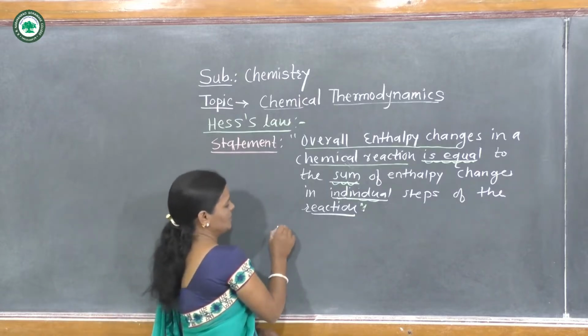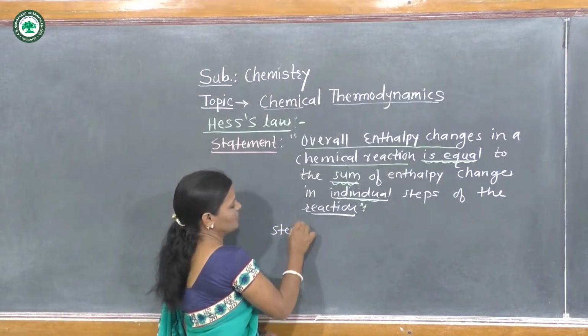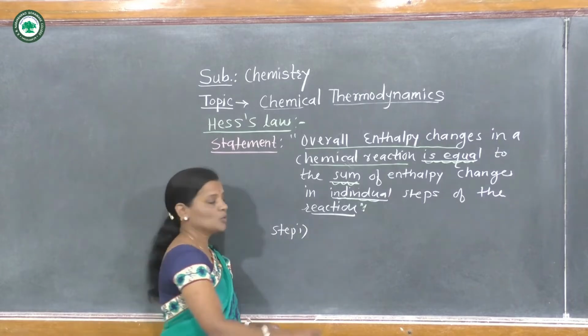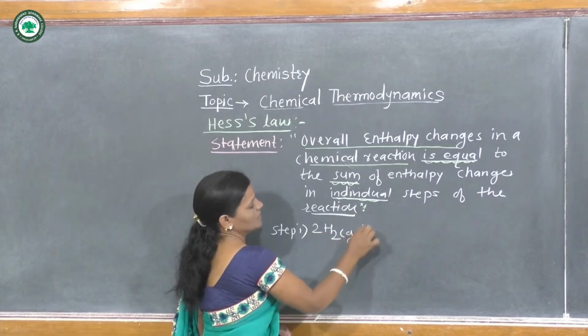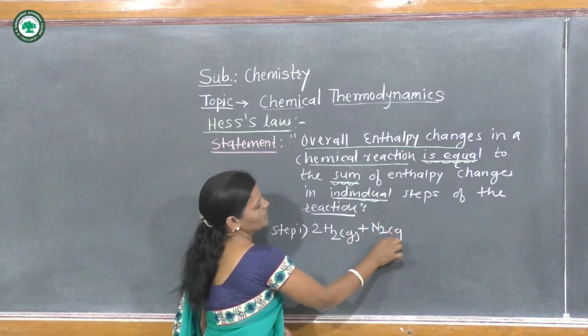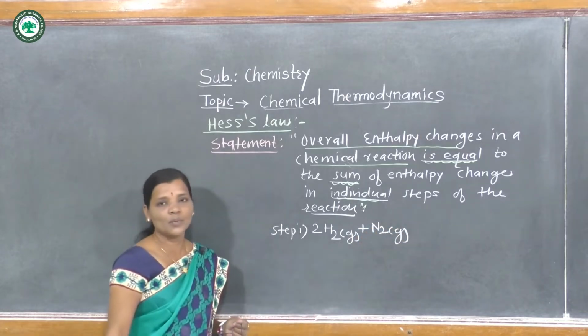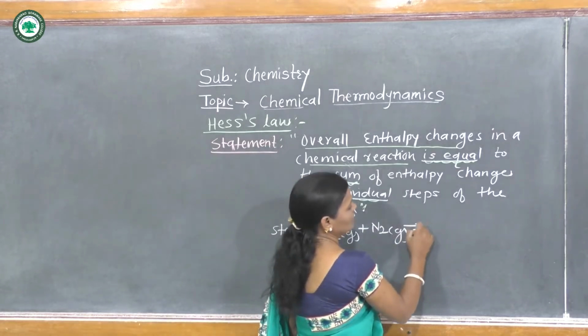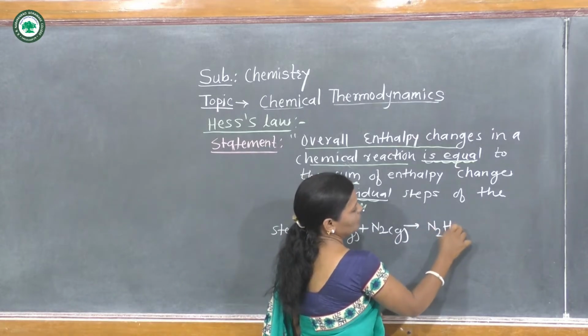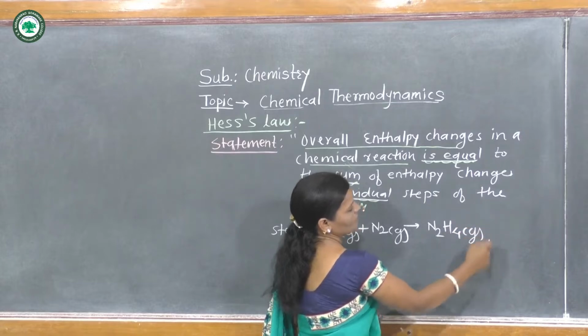Now let us see step first. In step first, 2 moles of H2 gas combines with 1 mole of N2 gas, and we get formation of N2H4 gas.